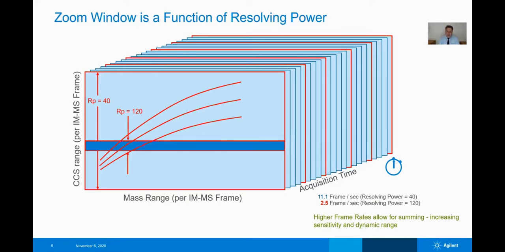This turns the analysis essentially into a targeted analysis to be able to accomplish that higher performance. It also comes with a reduction in sensitivity and in dynamic range as a result of the reduced frame rates.